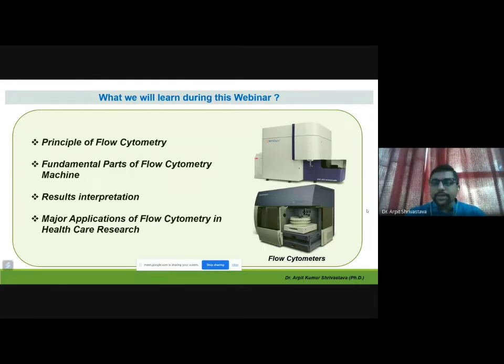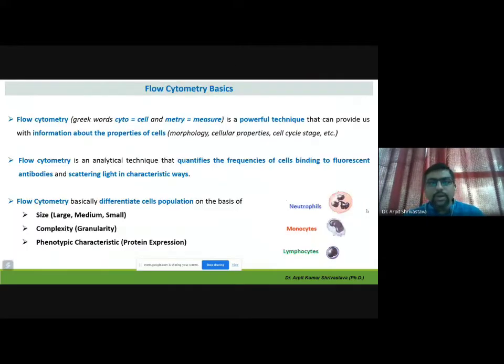We will also learn the basics of result interpretation, because it takes more time and experience to understand results completely, but we will see a glimpse of how results can be interpreted, and the major applications of flow cytometry in healthcare research. So, what is actually flow cytometry?